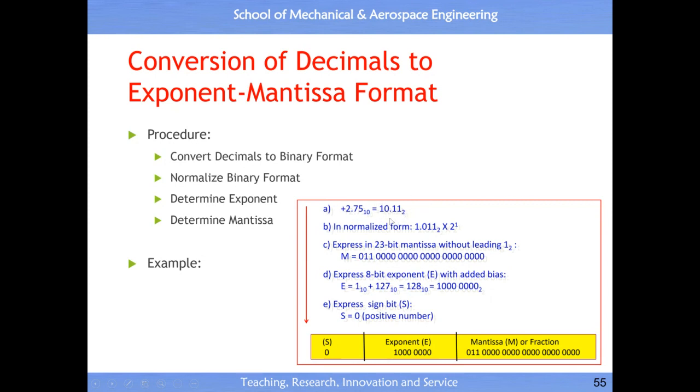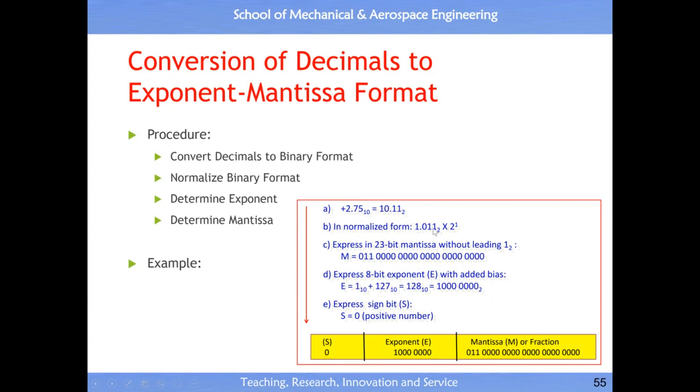Now this is not normalized, because we can take out the value equal to 2 to the power 3, because we must shift this decimal point to here, and only have the integer part equal to 1. So this is normalized format.